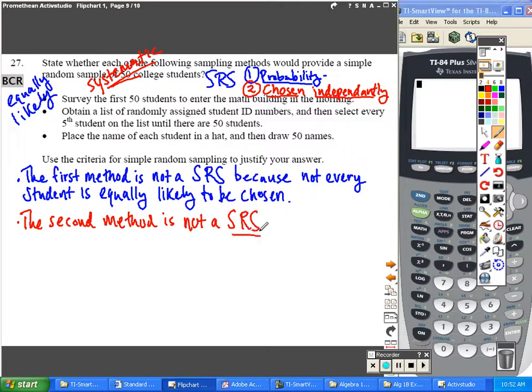I'm just using SRS. You'd probably want to write out the whole thing. Is not a simple random sample because the students are not chosen independently.